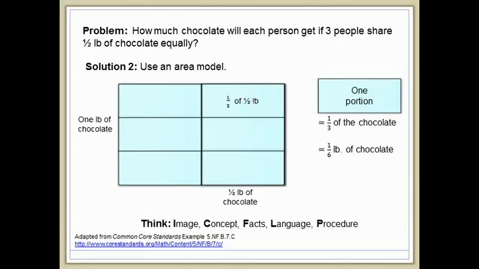But in the bigger formulation, the whole is the pound of chocolate, and we're dividing that into 6. So this switch of what represents the whole can be a confusing concept for students. Notice again, as in every case, we try to make use of images to support the concepts and really use precise language to ultimately get to procedures.